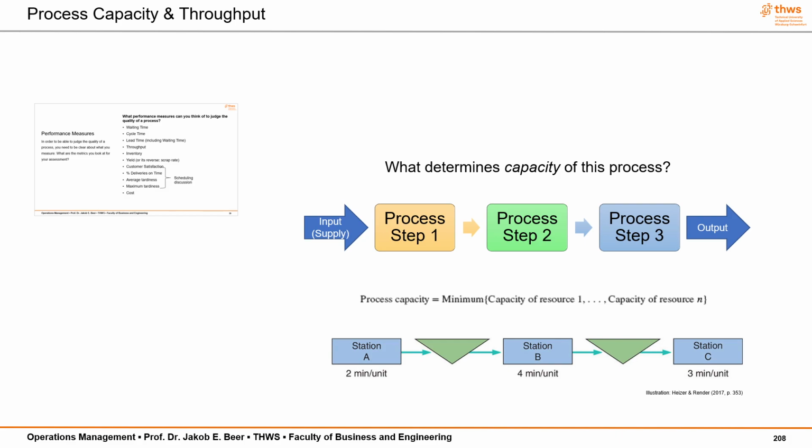And if we know that it takes 4 minutes to produce 1 unit, we also know that we can produce 15 units per hour. Which means that station B determines the process capacity because it has the lowest individual capacity of the 3 process steps.